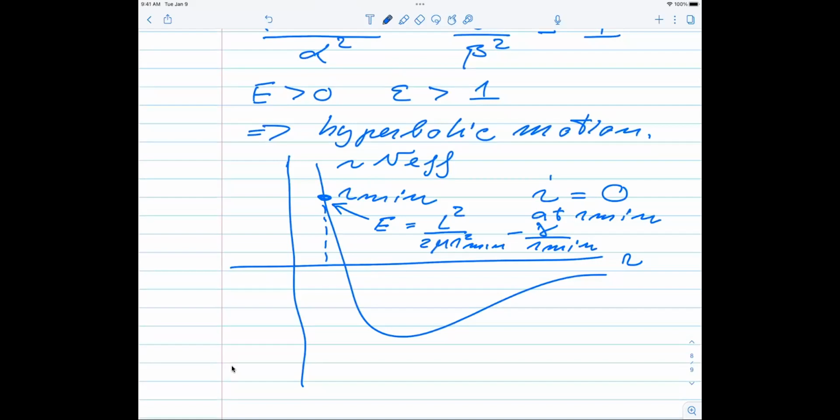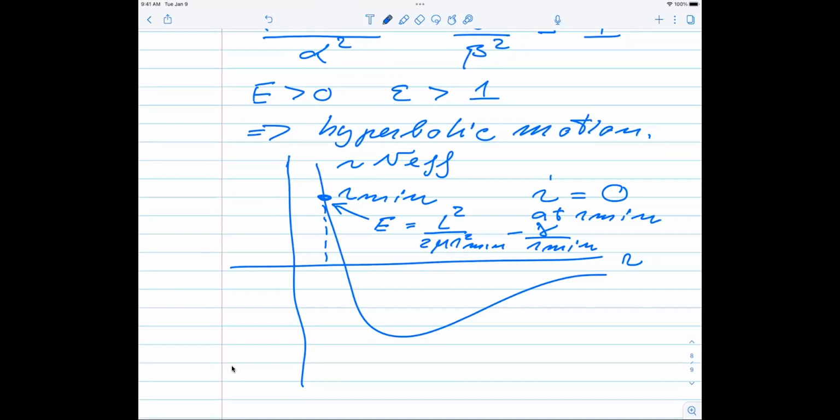It follows from the mathematical expression as well. Say it again. The energy is larger than 0. So gamma is a positive constant. It's the term which goes like 1 over R squared. And this is the centrifugal barrier, which is set up by the kinetic energy.